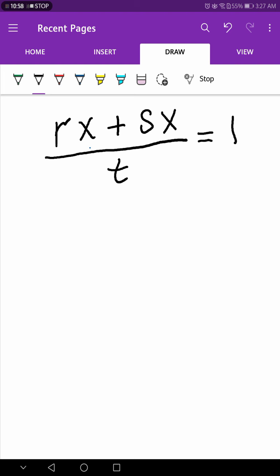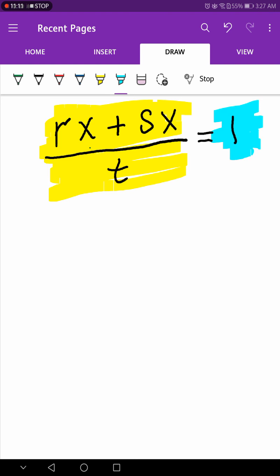Now, teacher, I will determine the left and the right. Great. And after that, I'm looking to make the x alone, but actually it is complicated for me.